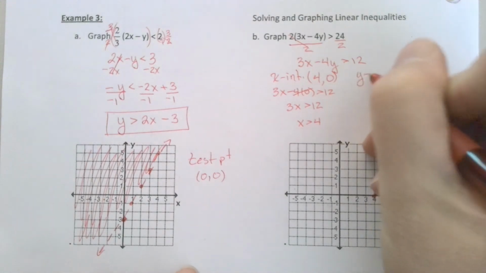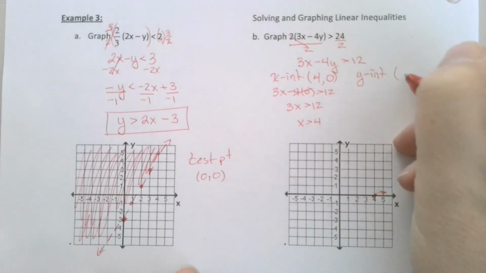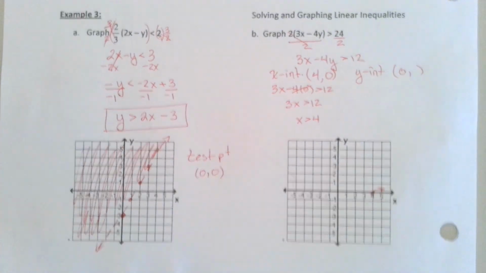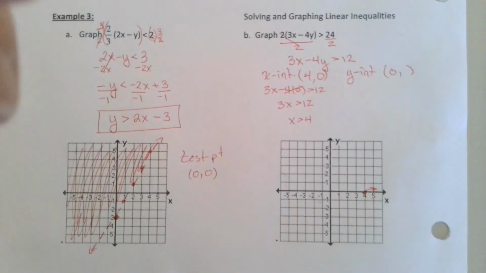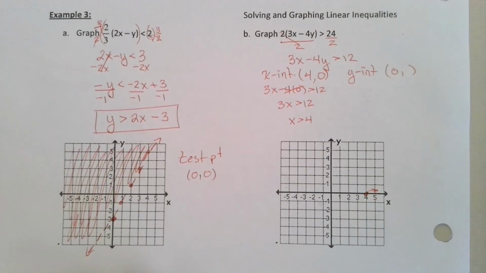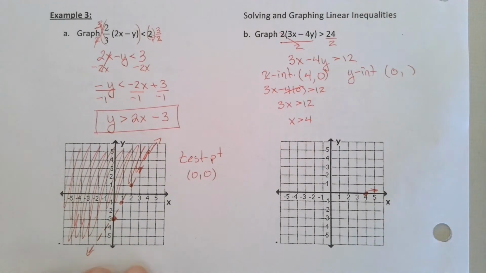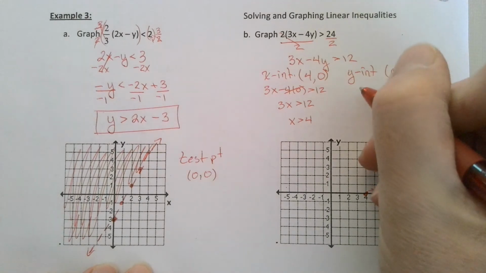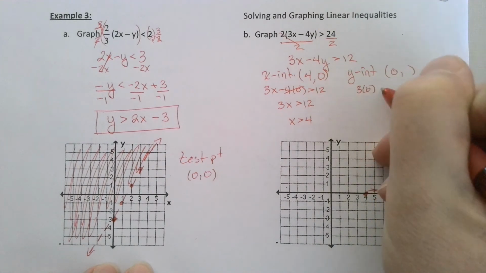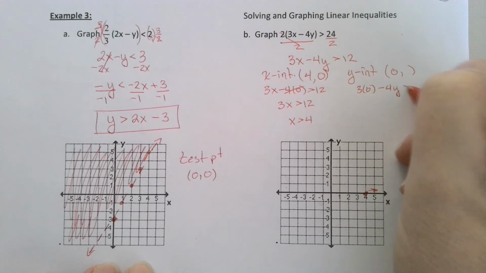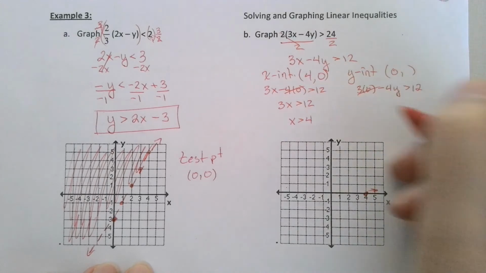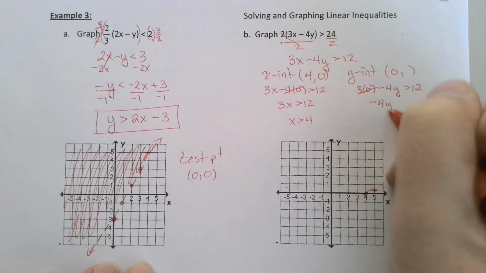Using my y-intercept rules, I have it as 0, and then I need to find that y value. So looking for that y value, I plug the 0 in for x, keep that minus 4y is greater than 12, and that cancels out, but I have a negative 4y is greater than 12.